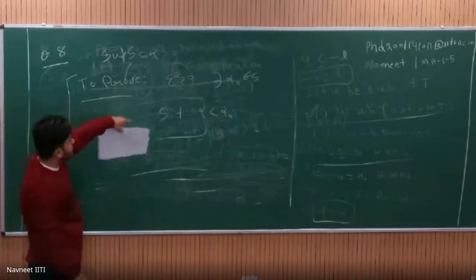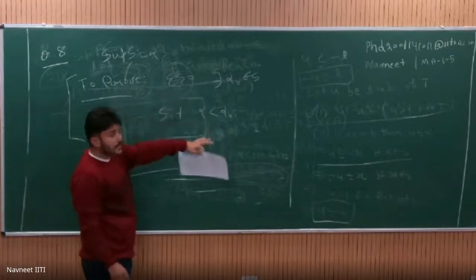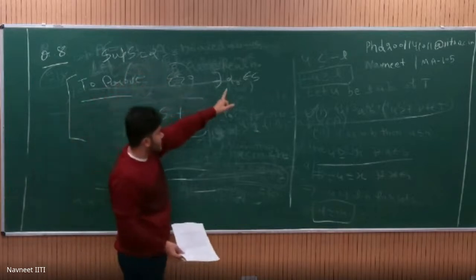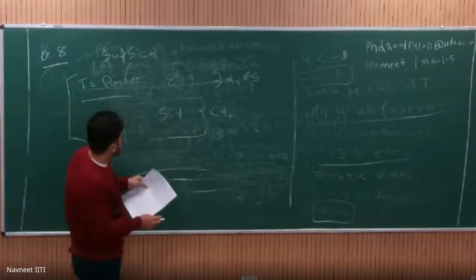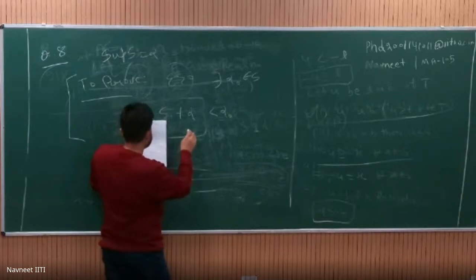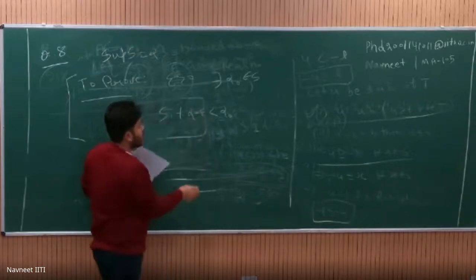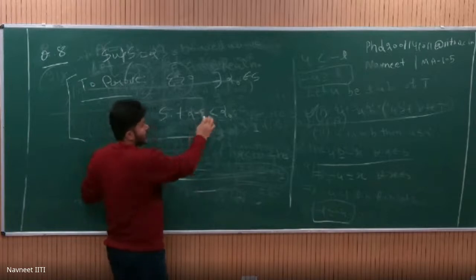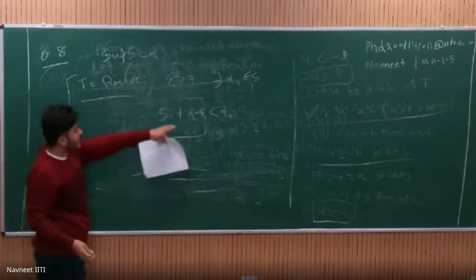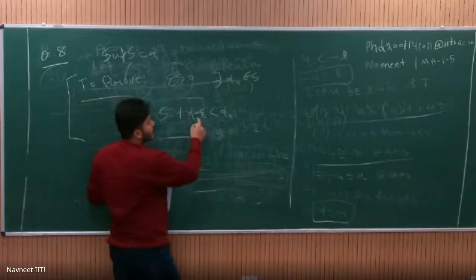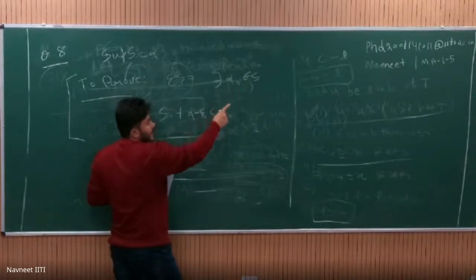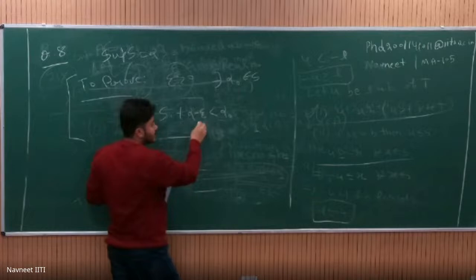Has anyone any idea what we are doing actually in this question? We are saying that the supremum of some set is alpha, and we are subtracting something. Sorry, this is alpha minus epsilon. If we subtract a little small number from the supremum of the set, the supremum being nothing but the least upper bound, then there must exist a number in the set S which is greater than alpha minus epsilon.